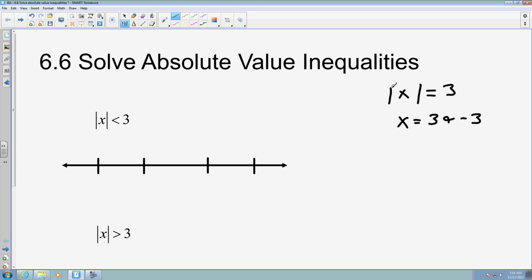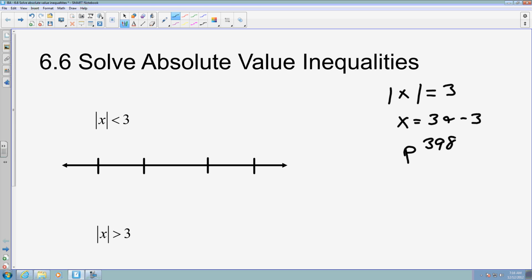So what will help you the best to describe what we're trying to do to solve absolute value inequalities, if you have your book, go to page 398. If you need to pause, please do so.